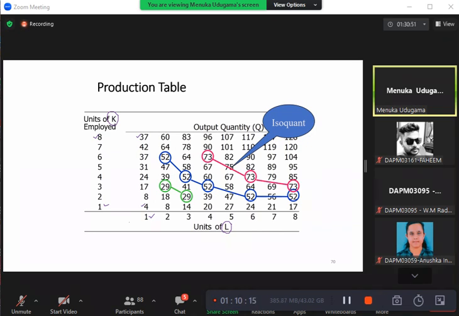Now what I've done here is I have connected the output levels, same output levels from different combinations of inputs, right? Same output level. Now here you see 73 that is produced using, okay, let's take this one, 29. 3 units of K and 2 units of L would give me 29. 2 units of K and 3 units of L would give me 29.